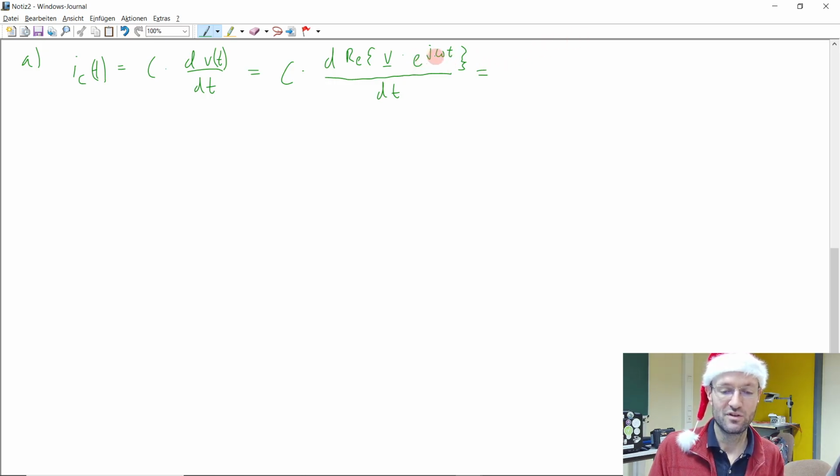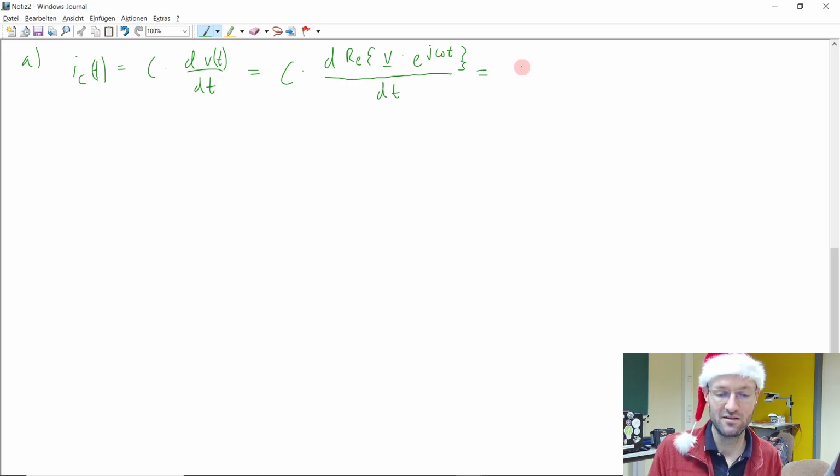So at the end, we just need to have the time derivative of this complex function. And what is the derivative of the exponential function? It's the exponential function. But we calculate the derivative with respect to the time. But in the argument, we also have j and omega.